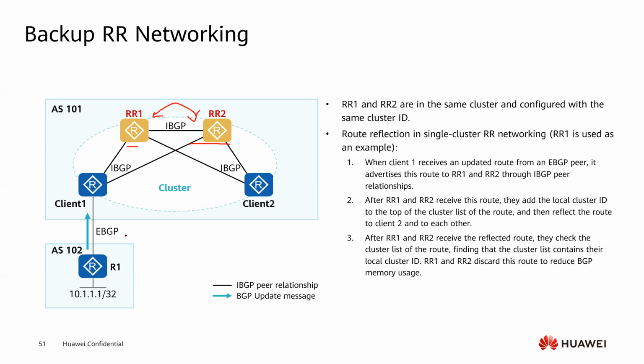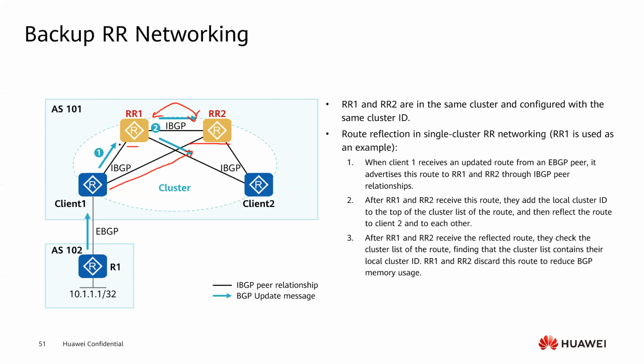So when client 1 receives the route from the eBGP peer, first it will send the route to all of its RRs. So it will send to R1, it will also send to R2, and I will not mention this part again. So first it will send the route to the RR, and when the RR receives the route from the client, do you remember the rule?